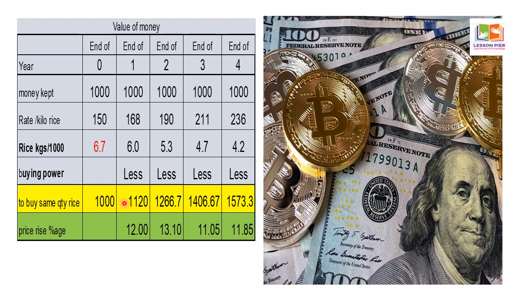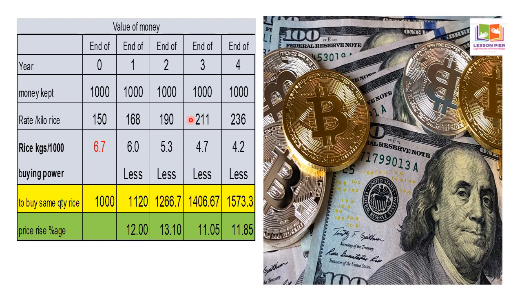So, to buy the same quantity of rice, 6.7 kilos, you would require 1000 at the end of year 0. That is the same. Let's say you keep this quantity as a fixed quantity now. Every year you can buy this 6.7 kilos with the prevailing rate. You can buy it for 1120 rupees.